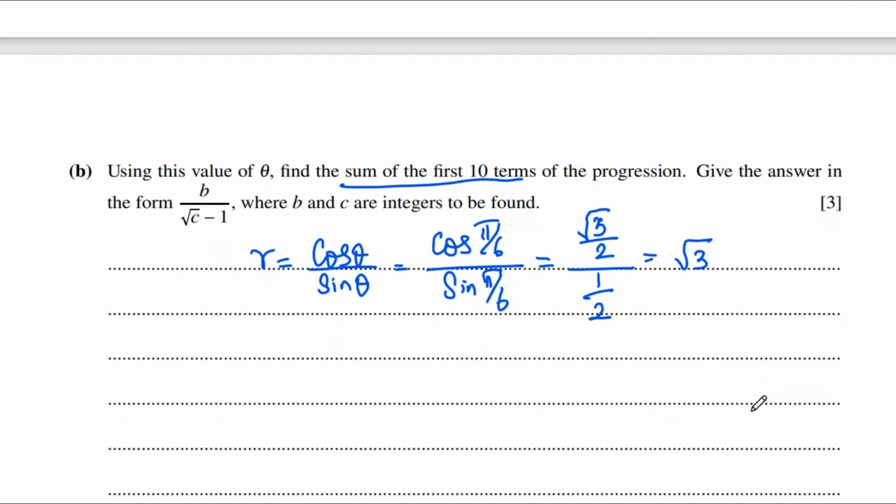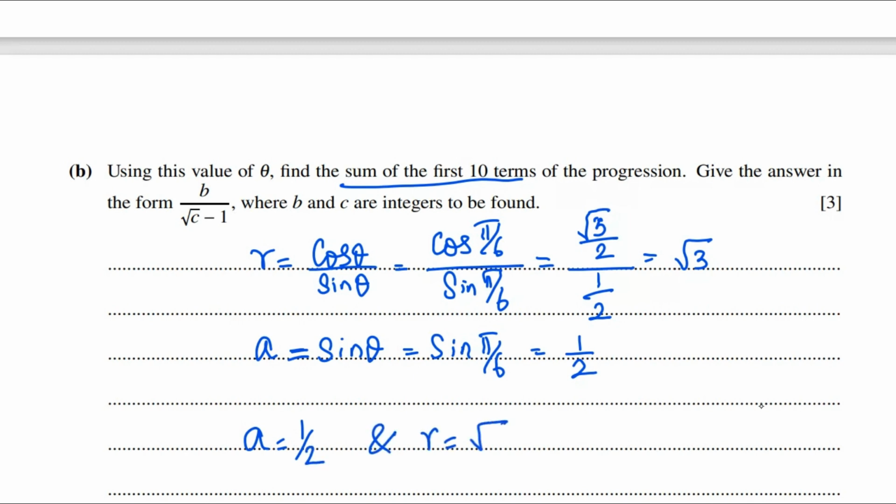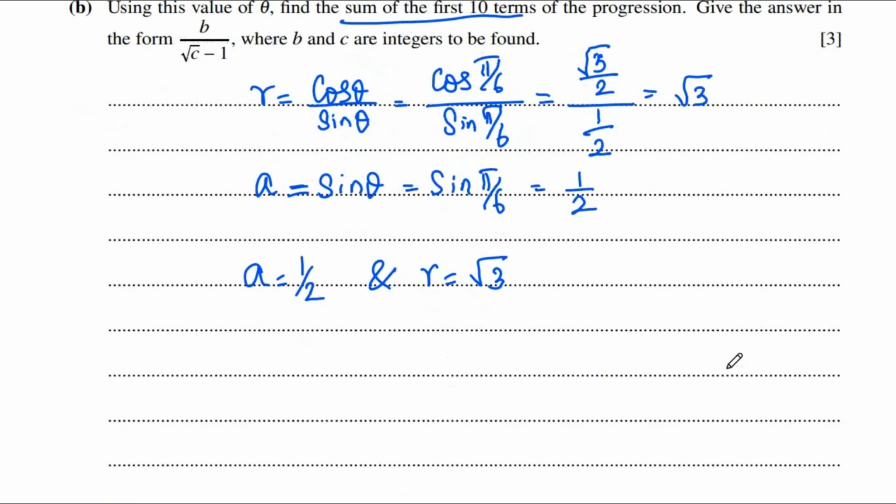Then the first term A is sine theta. So sine pi over 6, which is equal to 1 over 2. So A is equal to 1 over 2 and R is equal to square root of 3. By using these two values, let's find out the sum of the first 10 terms.